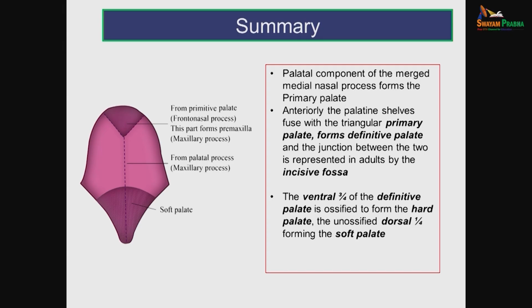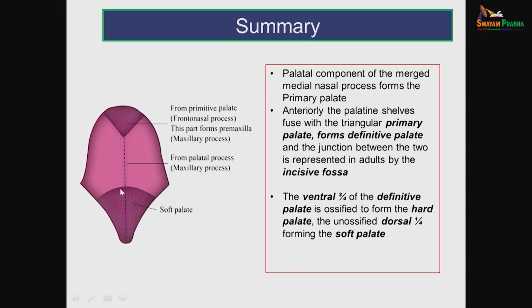So, we will summarize what we have learnt about the development of the palate. We just talked about primary palate, secondary palate and definitive palate. The primary palate is nothing but the palatal component of the merged medial nasal process. Then you have the secondary palate, which is nothing but the palatine shelves coming from the maxillary process from either side, fusing and forming the secondary palate.